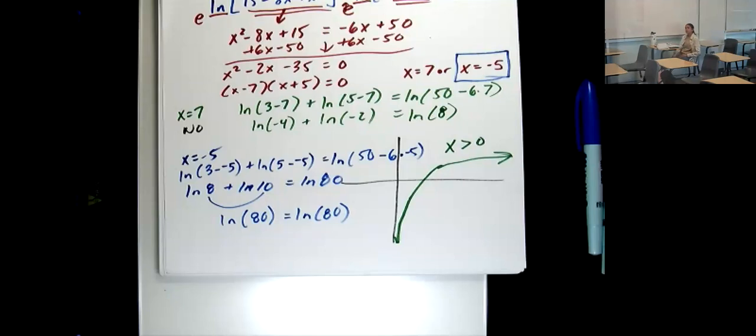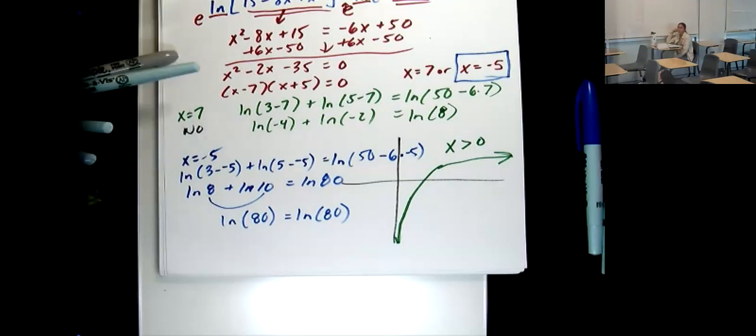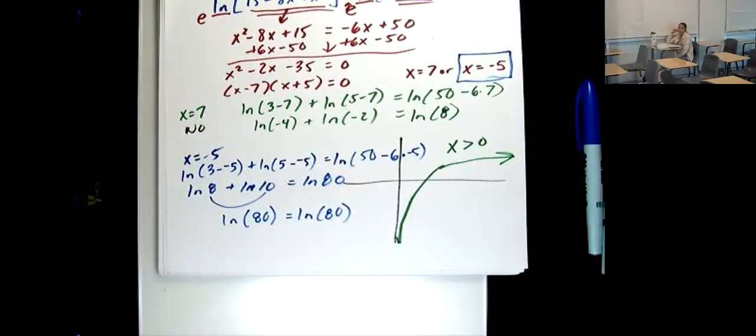Questions? So as long as there's no negative or 0 inside the log, it's the correct answer, pretty much. Well, I want to say yes, but that's under the assumption you did everything else right. If you make a mistake up here, you'll get wrong answers that will give you positive numbers in here, but actually don't work when you solve it.